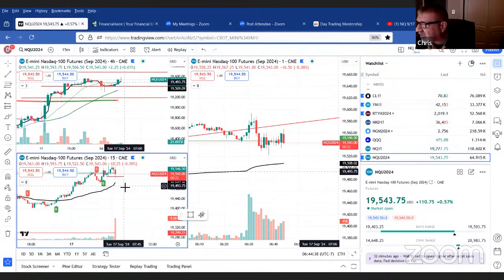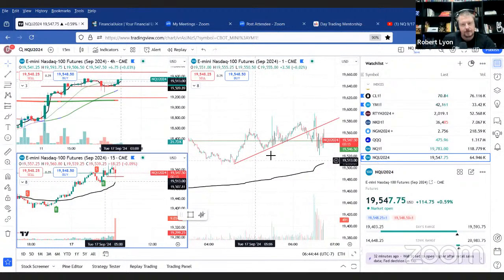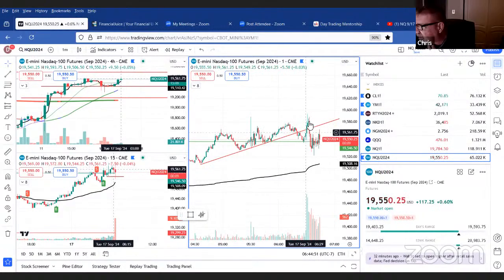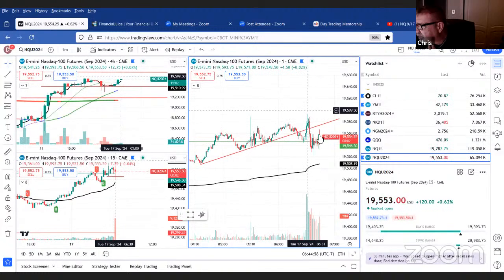What you drew there, you call them channels, right? This is just kind of an obvious one. You see where we had this line of resistance here. Then we broke up here, and we have this high right here. We had news, hit it and stop, hit it and stop.